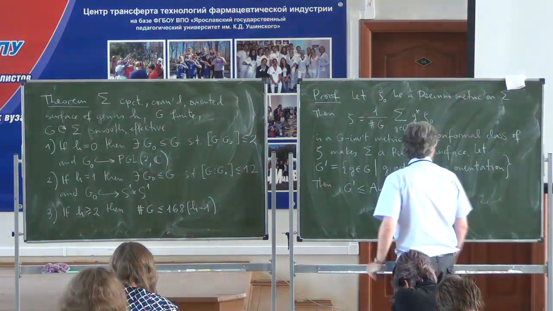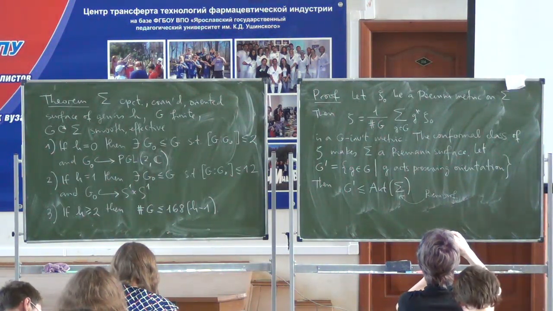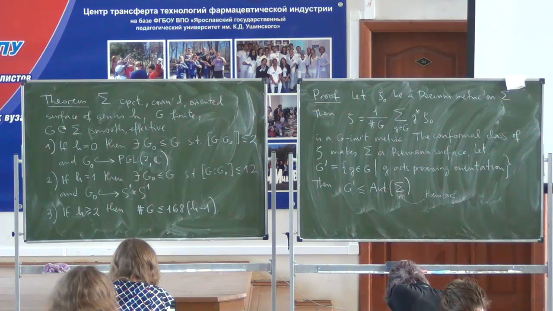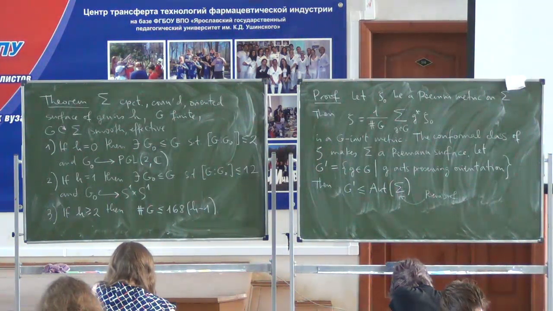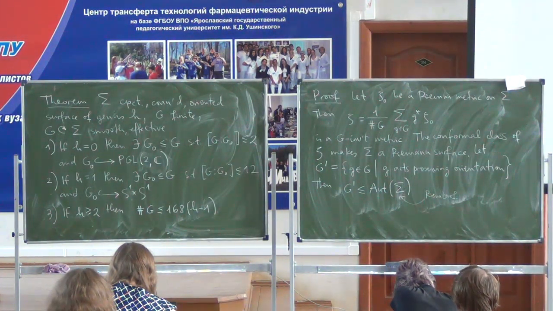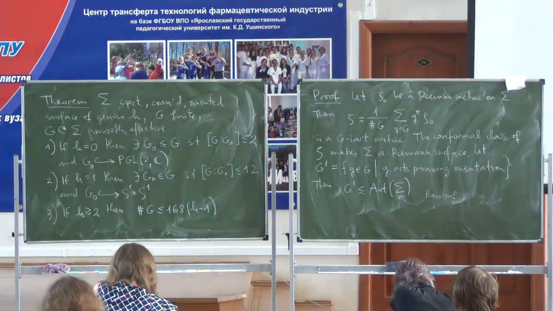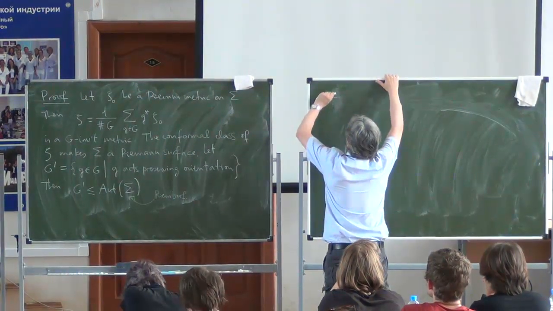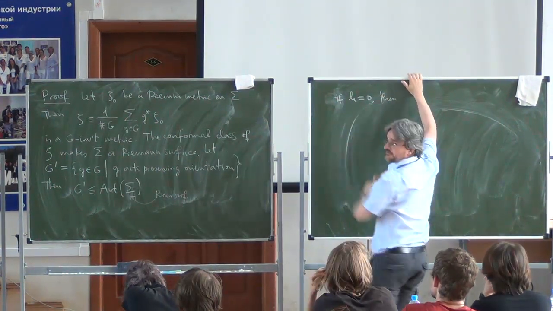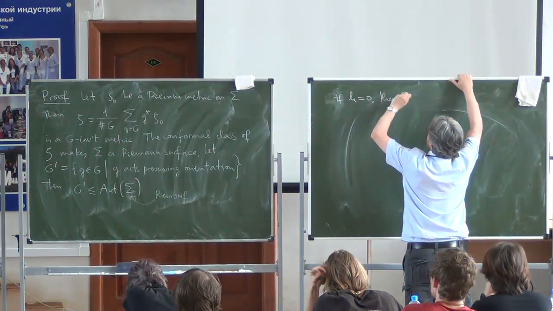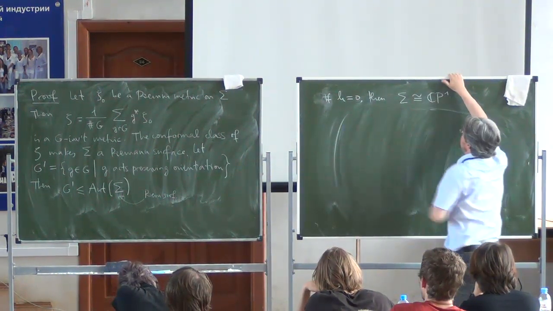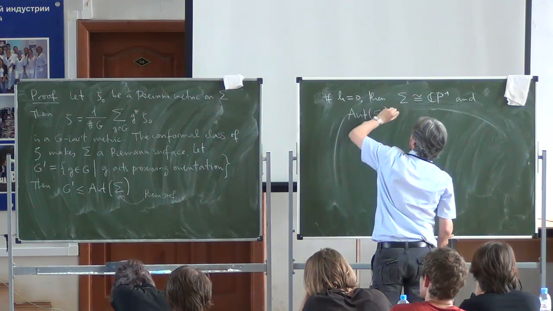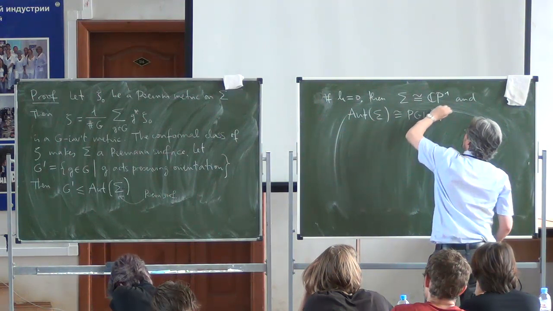Okay, and now if H is equal to 0, then by Riemann's uniformization theorem, we know that sigma is isomorphic to CP1, and the automorphism group of sigma is isomorphic to this group.